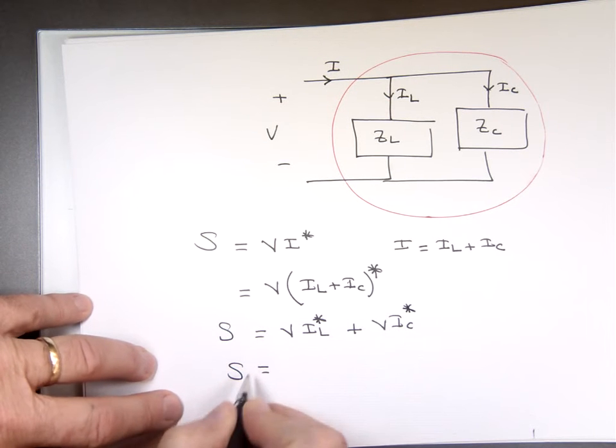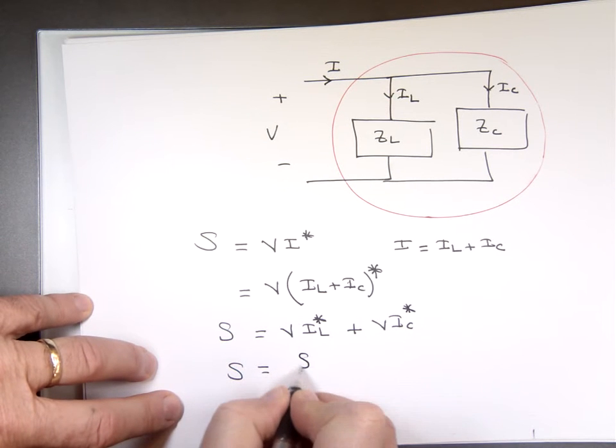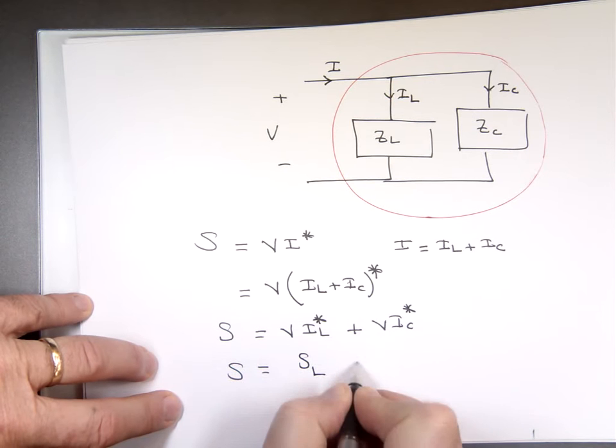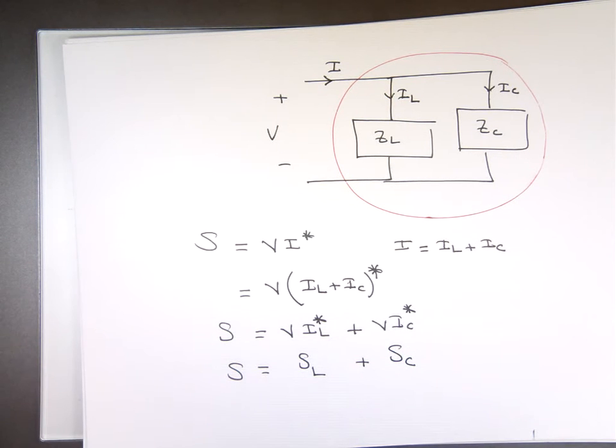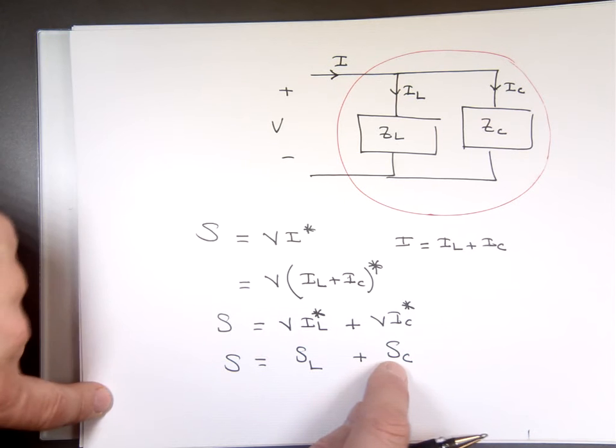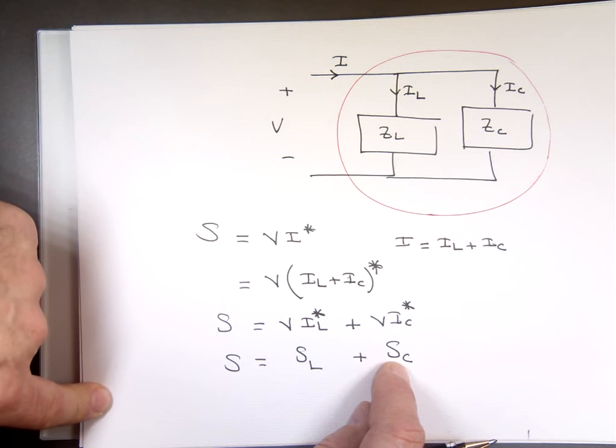So what does that mean? This is S for the load, and this is the complex power for the capacitor. And when we do the capacitor, you will see this will not have any real portion, only an imaginary value. The impedance of the capacitor is negative j.